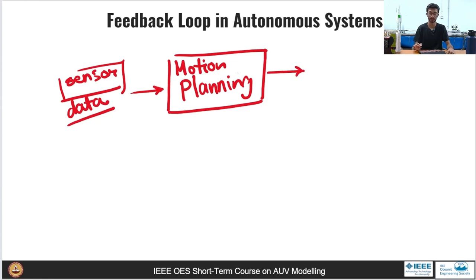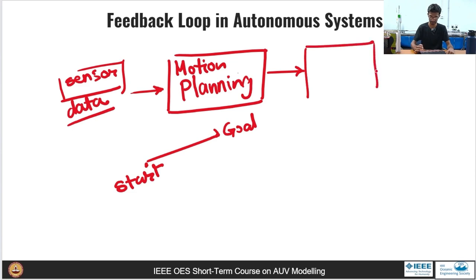The motion plan will tell the autonomous system from a given start state, how the system can reach its target goal state. To achieve this task of reaching from a start state to a goal state, the system needs to know its own current location, which is achieved through the navigation module.